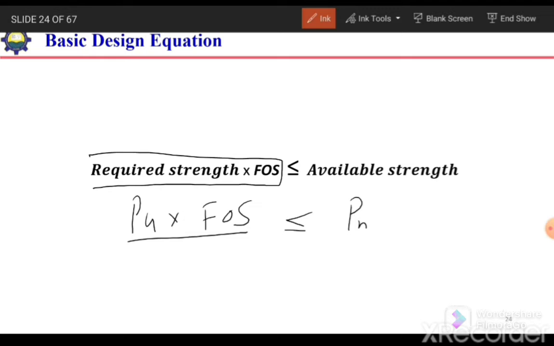For example, if the applied load is 100 kilonewton and the capacity of the section is 120 kilonewton, it means our structure is safe. But if the available capacity is less than 100, it means our structure is unsafe. So we need to fulfill this criteria for the design.